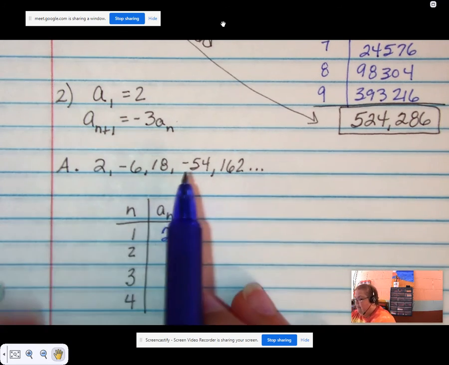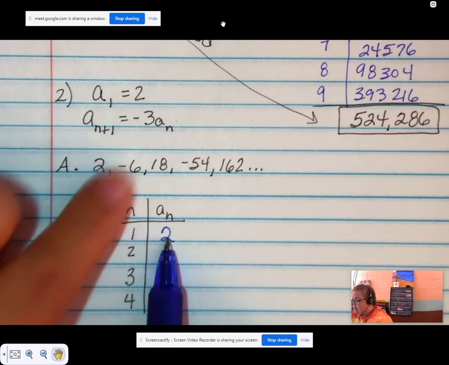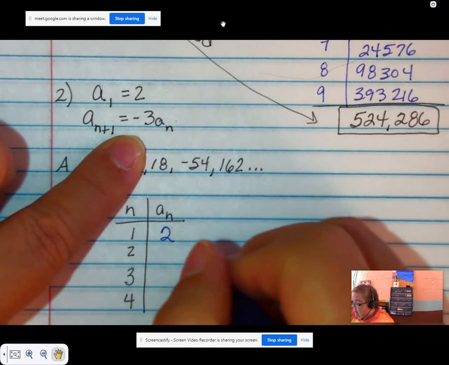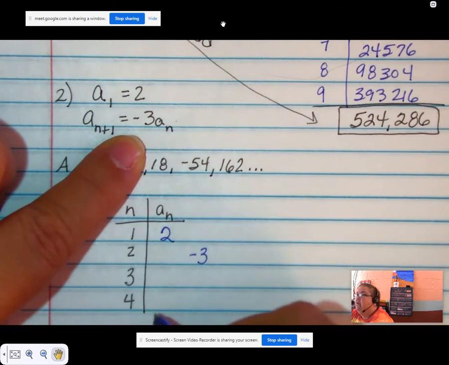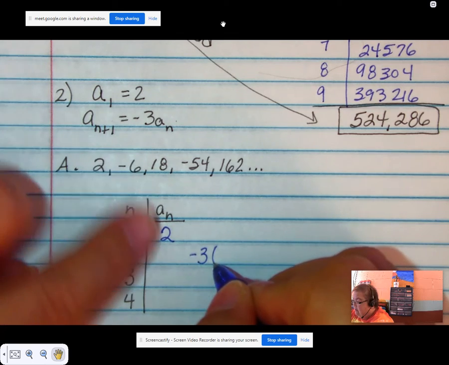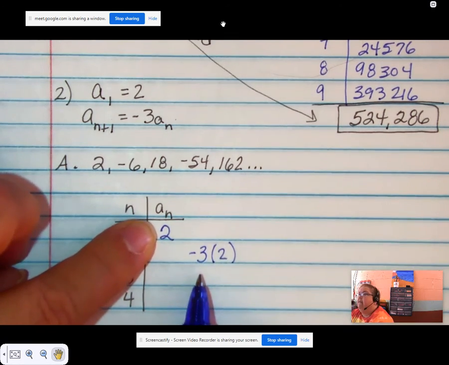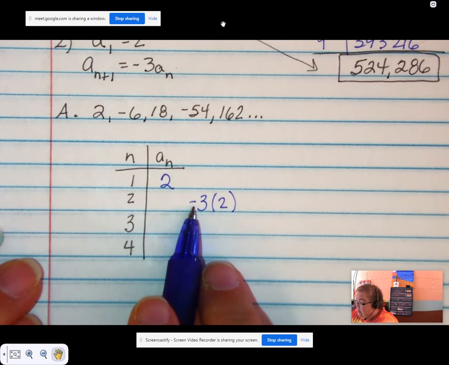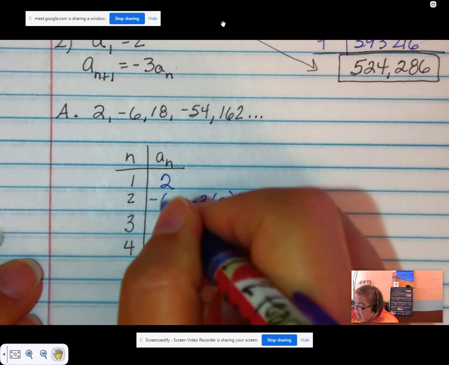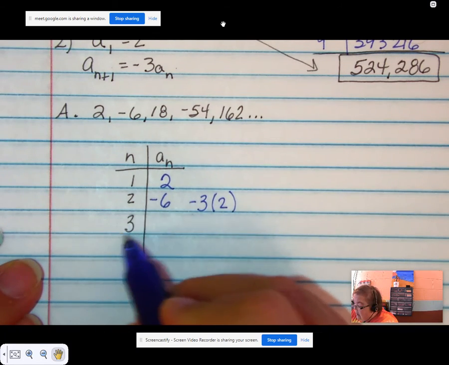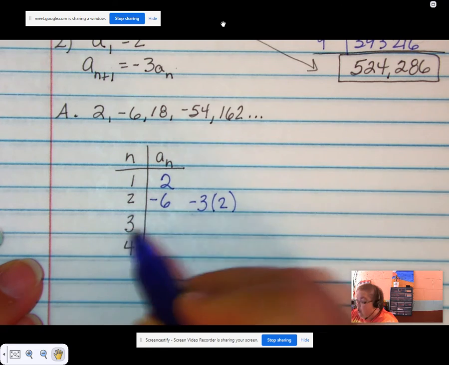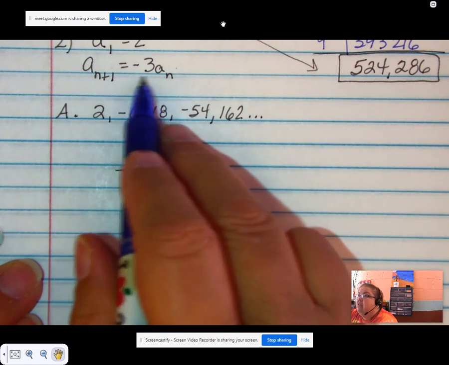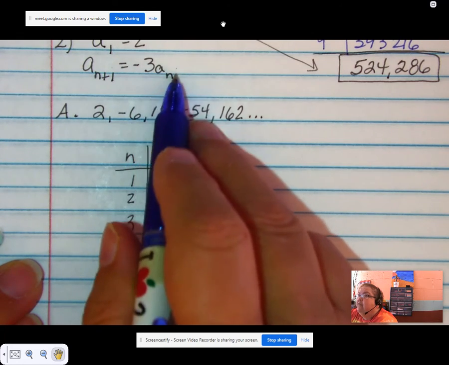So let me check. So if my first term is 2, I'm going to go here and go, how do I get the second term? Well, I take what it's given me times the previous term. Okay, remember that? So what is negative 3 times 2? Negative 6. Now I'm going to take my next term, negative 3, because that's what it's telling me, times the previous term.